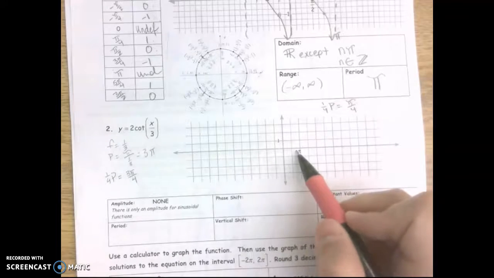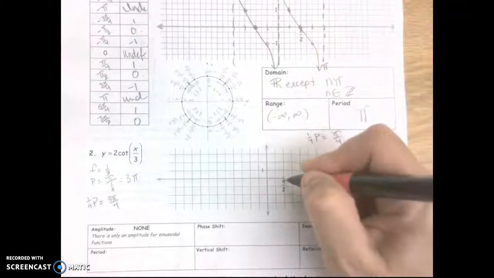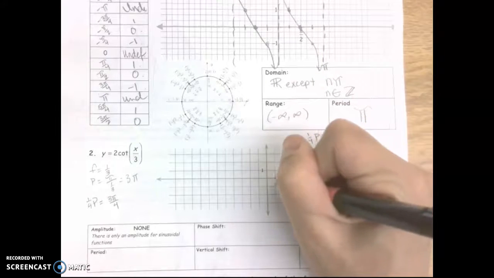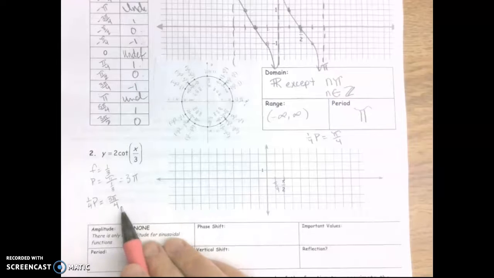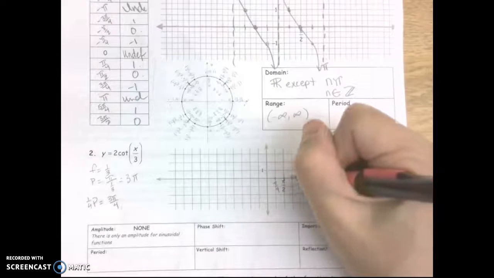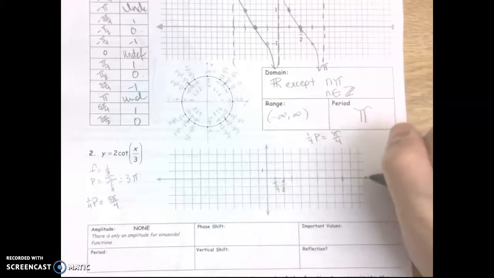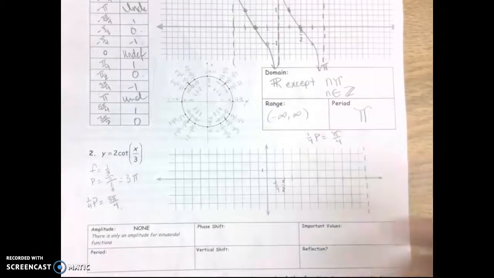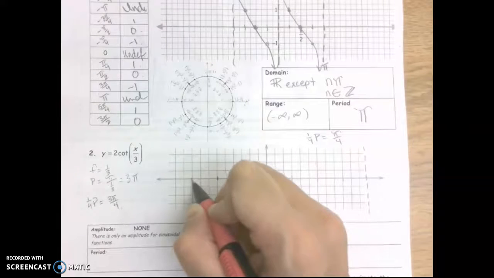So look here at our scale, it's changed a little bit from up above, and every 2 is pi over 2, so this will be a pi over 4. And every 3 of those will be a critical point. Okay, every 3 will be a critical point.